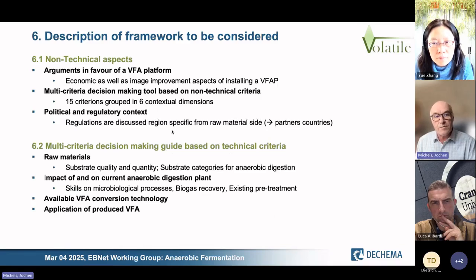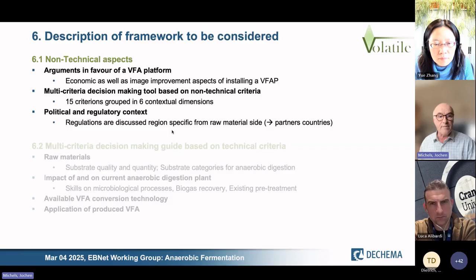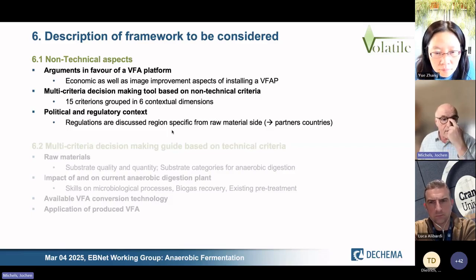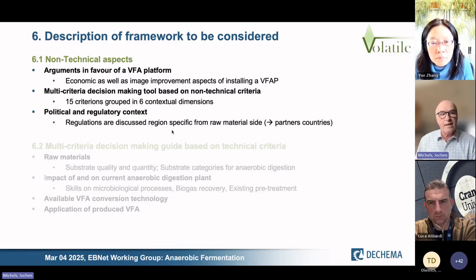The framework to be considered: we have non-technical aspects and also technical criteria to discuss in the CWA. Having the non-technical aspects, we discussed what is in favor of a VFA platform.